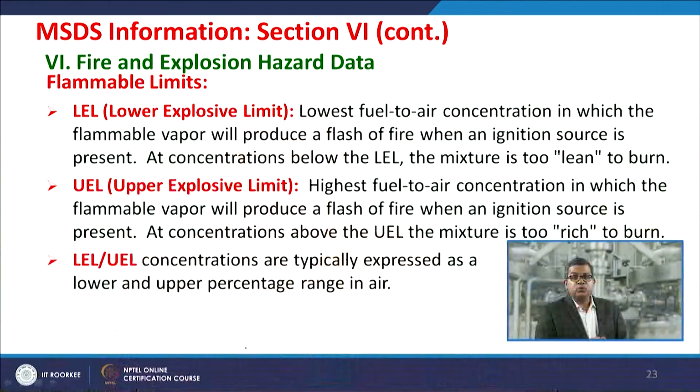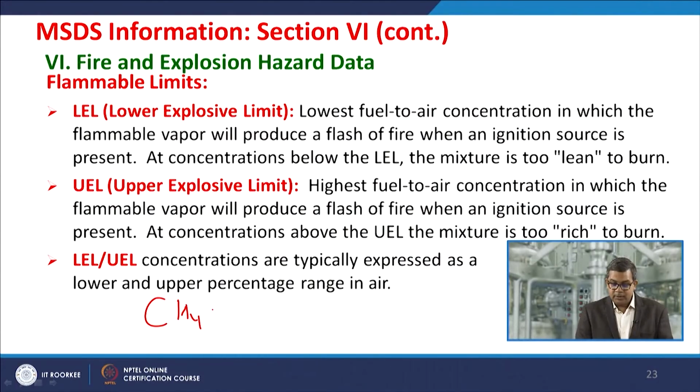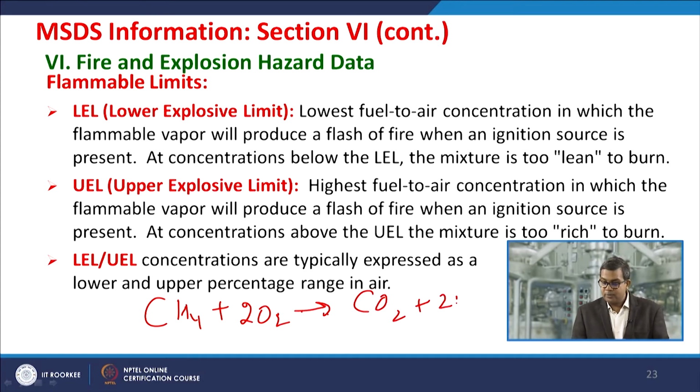Remember these two things: LEL, sometimes called lower flammability limit, and UEL, the upper explosive limit, or upper flammability limit. These are usually governed by stoichiometric ratios. If you wish to burn 1 mole of methane, CH4 plus 2 O2 gives CO2 plus 2 H2O.